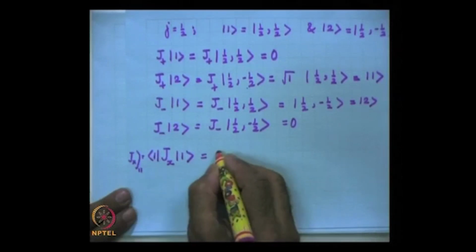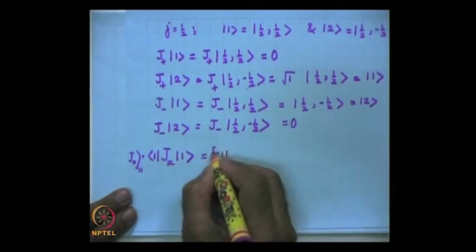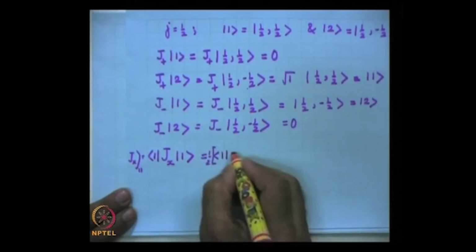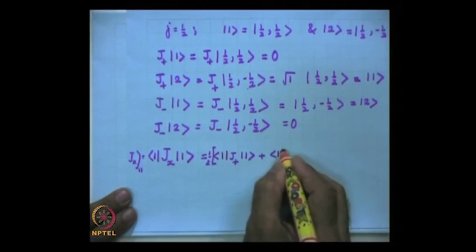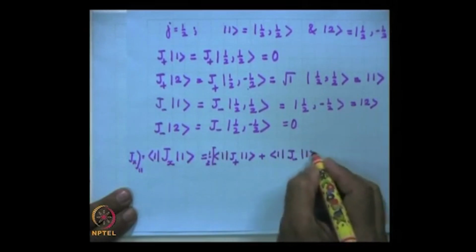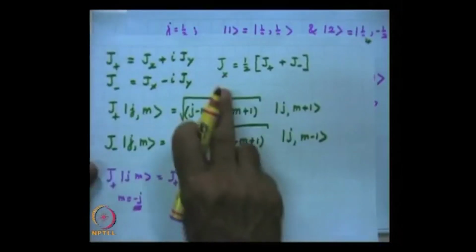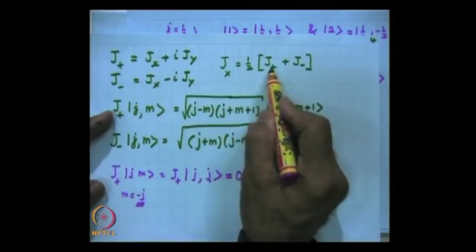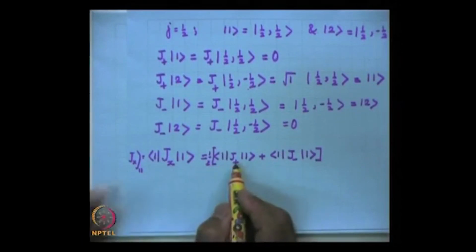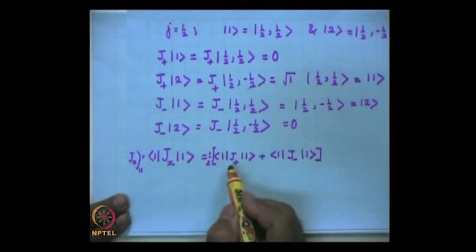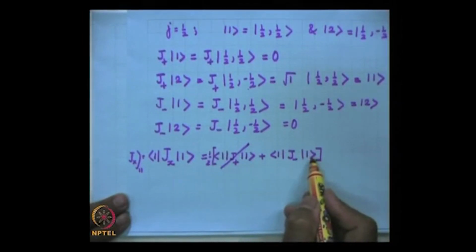So, this will be equal to a factor of half outside, bra 1 J plus ket 1 plus bra 1 J minus ket 1, because we had seen the relation that J x was equal to half J plus plus J minus. Now, J plus ket 1 is a null ket, so this is 0. J minus ket 1 is ket 2.